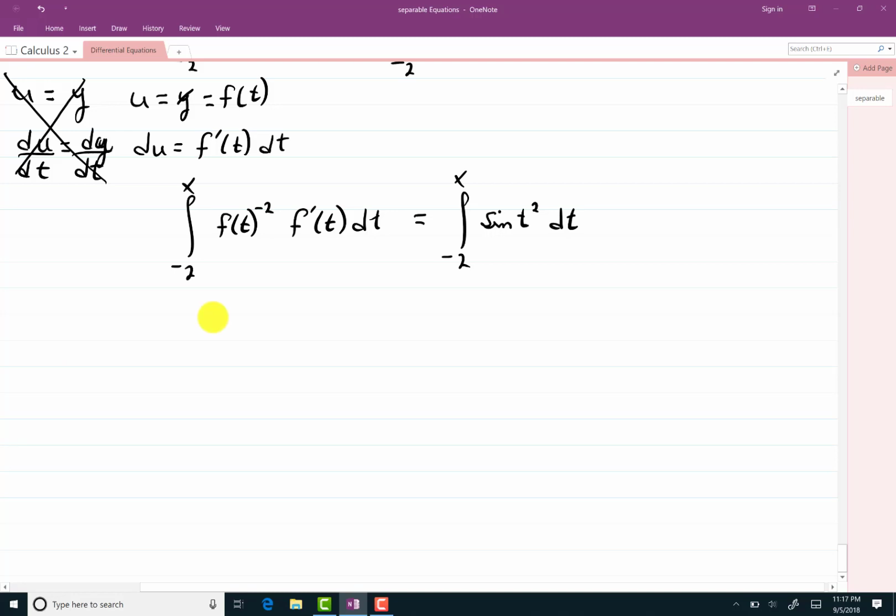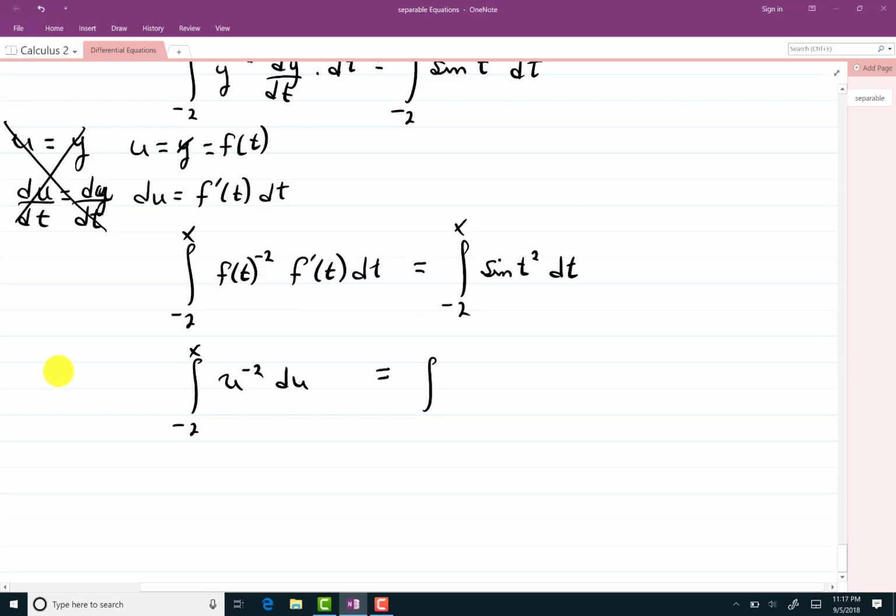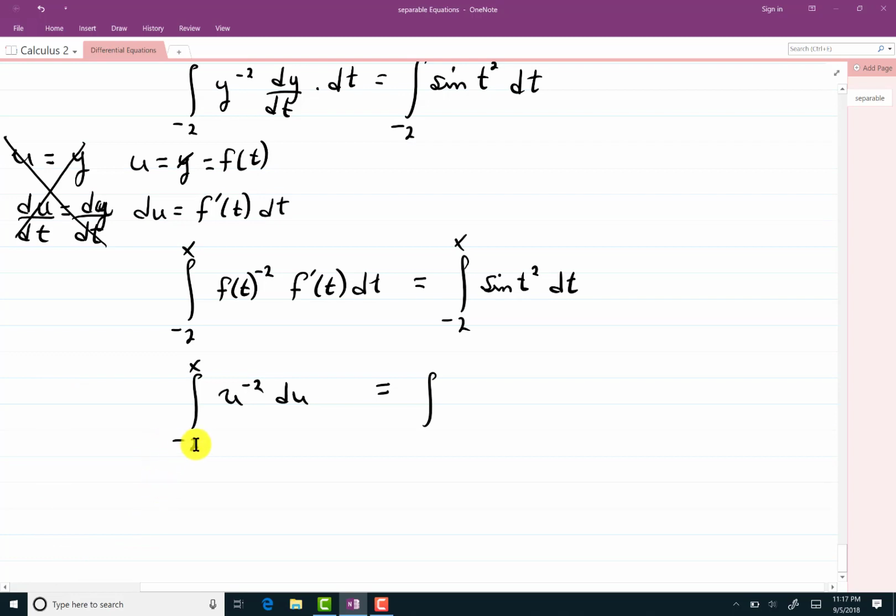Okay, so the left side will go from negative 2 to x, and I'll have u to the negative 2 du, which is easily integrable. And in fact, I forgot to change my limits of integration. When t equals negative 2, I have f of negative 2.